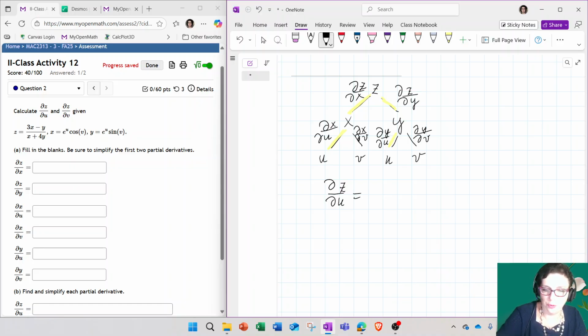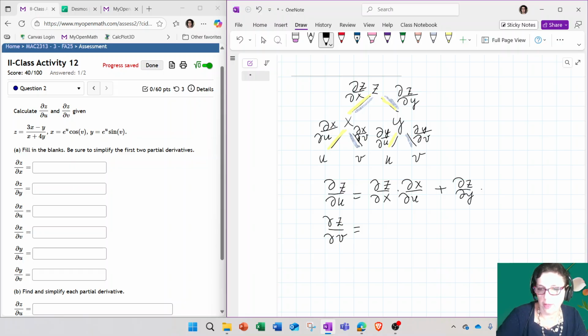So if we wanted to find the derivative with respect to v, we would have to follow the v branches, right? So we're going to have to go like this and then like that, and then like this and like that. Okay, so there is your chain rule of two variables. We're going to have dz dx dx du, and then plus dz dy, and then dy du.